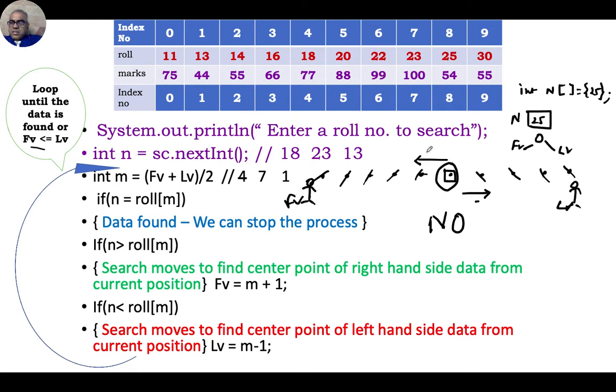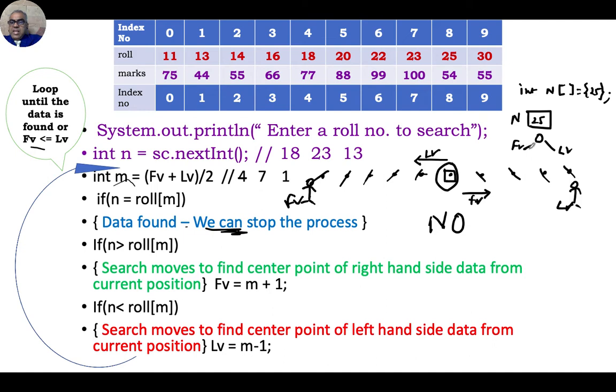Alright, this is LV, this is FV. FV cannot cross LV. If FV and LV is crossed, the data is not present, because if the data is present, you will find that the data is found and the program will get over. But if the data is not present and you keep finding center point, center point, center point, there will be a point where FV will cross LV.